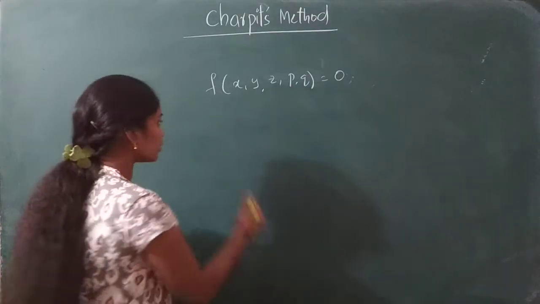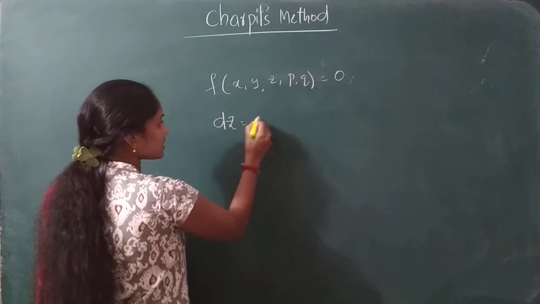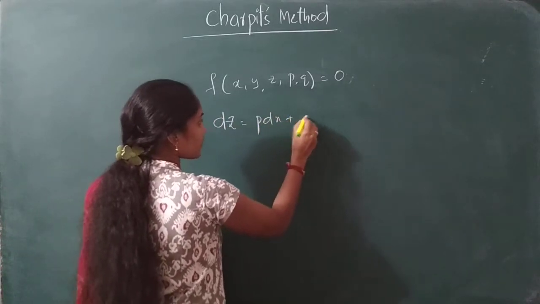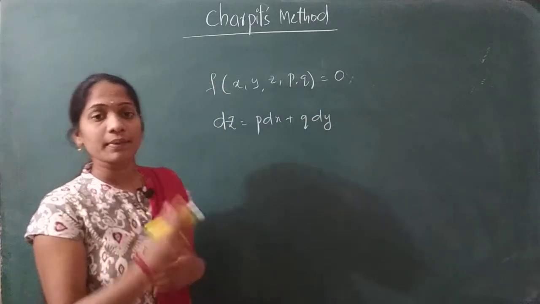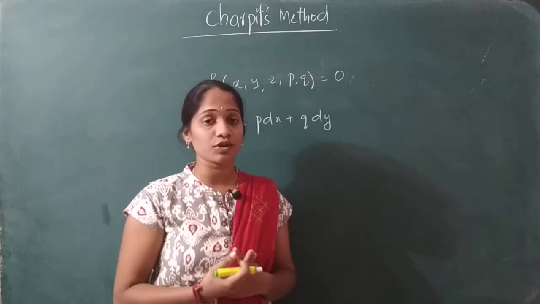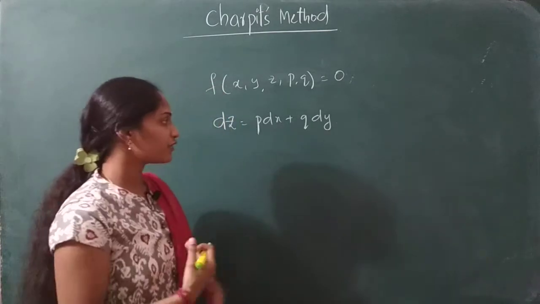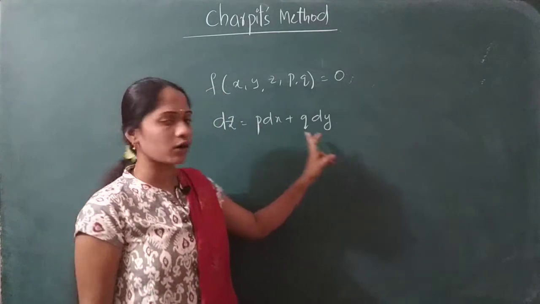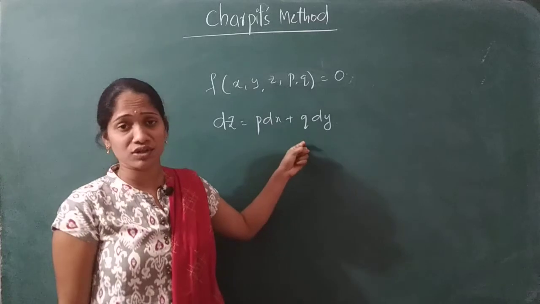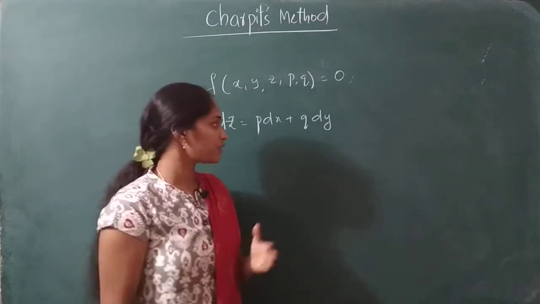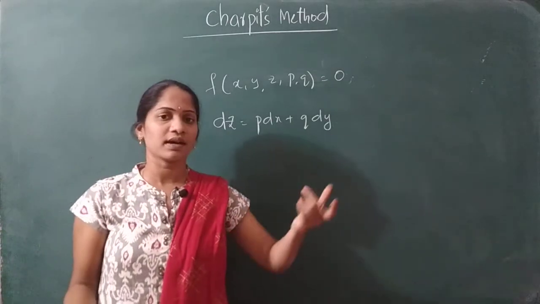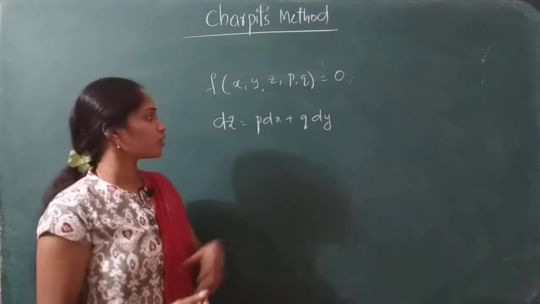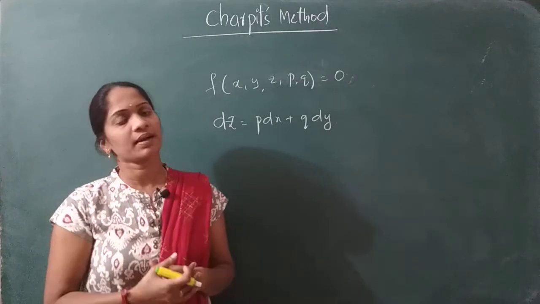Now we know that dz is equal to p dx plus q dy. So we have to integrate this. After finding the values of p comma q using Charpit's auxiliary equation, you have to substitute in this equation, and after integrating you get z equal to something, that is our required general solution or complete integral. You can say complete solution.